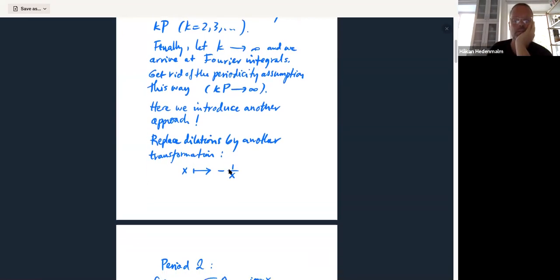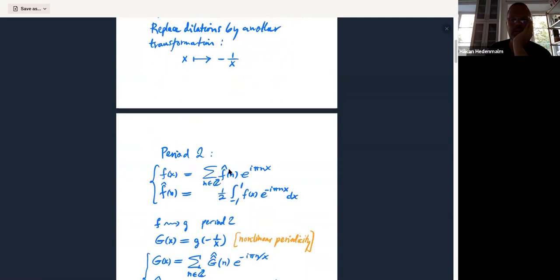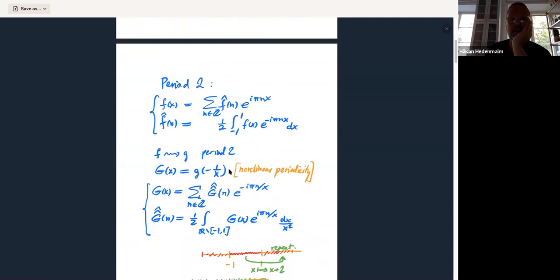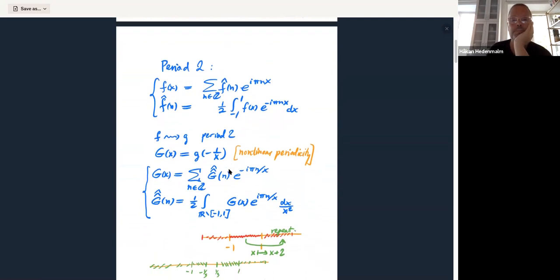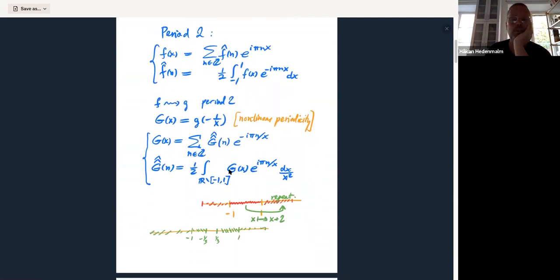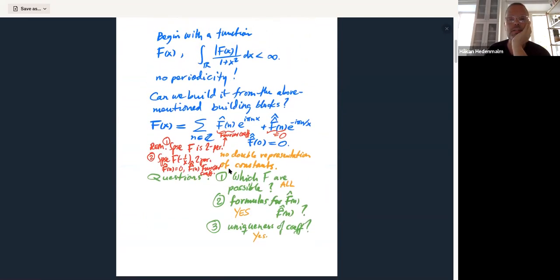Which I didn't quite explain now, but I wanted to give some ideas of how to possibly represent functions without periodicity in another fashion. So the main key thing is this formula. Can you see?